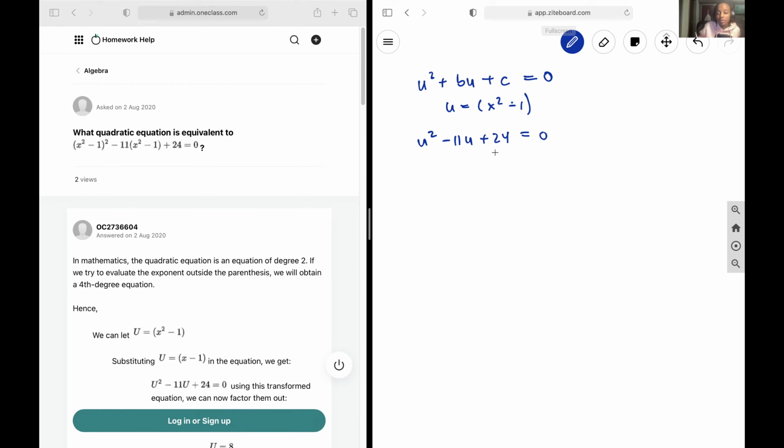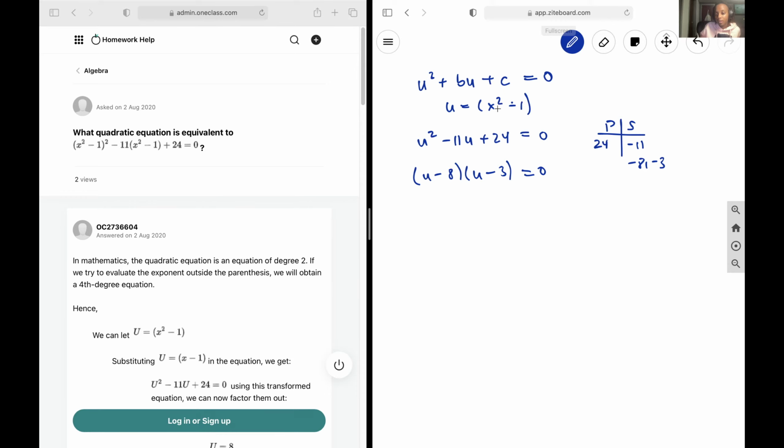We can solve this using the quadratic formula or simple product sum. We want the product to be 24 and the sum to be negative 11. That is going to give us negative 8 and negative 3. Multiply them, 24, add them, negative 11. So our factors become u minus 8 and u minus 3 is equal to 0.